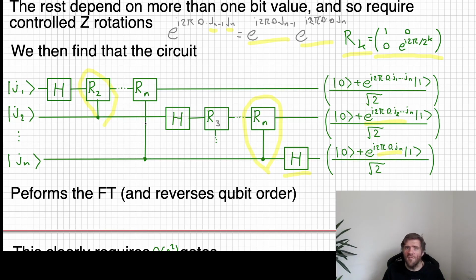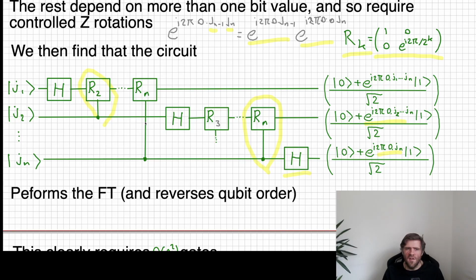So I've kind of ignored that detail in what I've said so far. But there is this need to actually swap the order, which could be done by swap gates, or it could just be done by deciding to order our qubits the other way. So this is not a huge headache, so that's why we don't think about it too much. But basically, this is how you would do a Fourier transform.